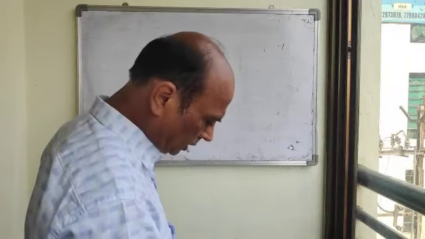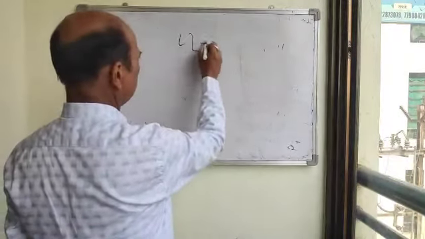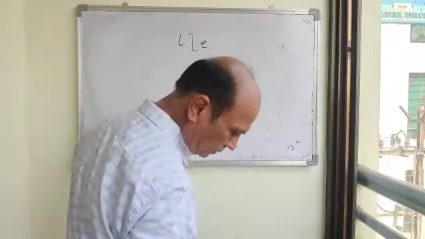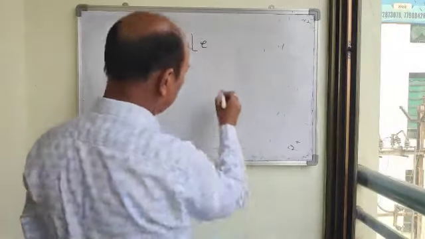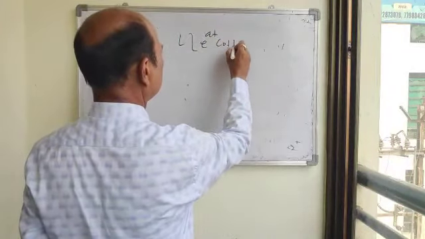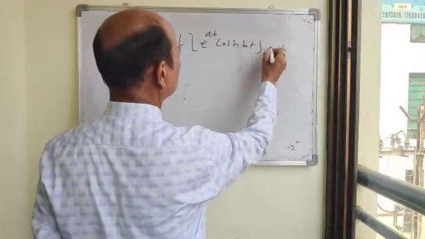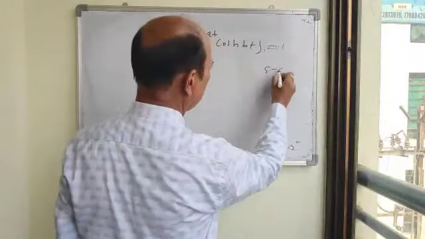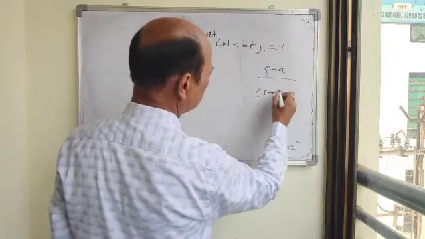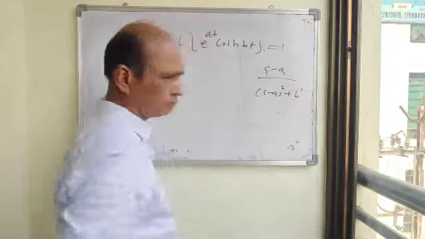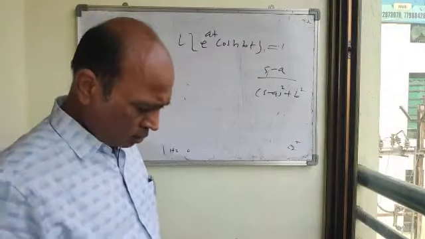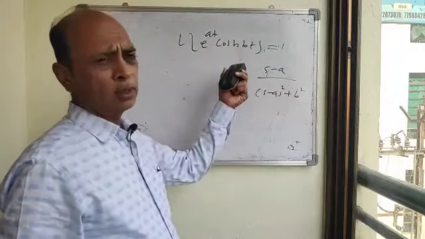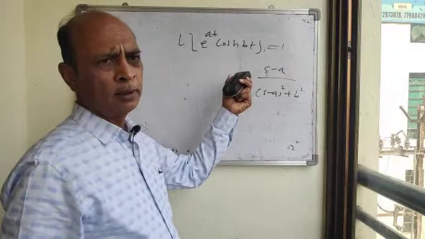One more problem there is, e to the power at cosh bt is equal to (s minus a) upon (s minus a) square minus b square. Now, what is L of cosh bt?